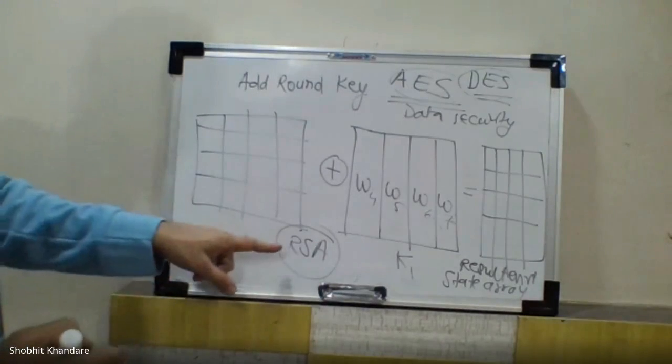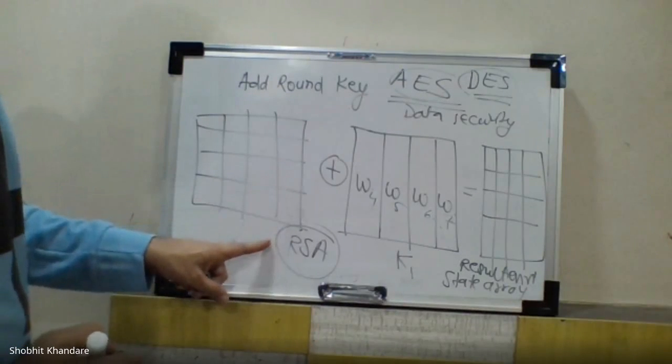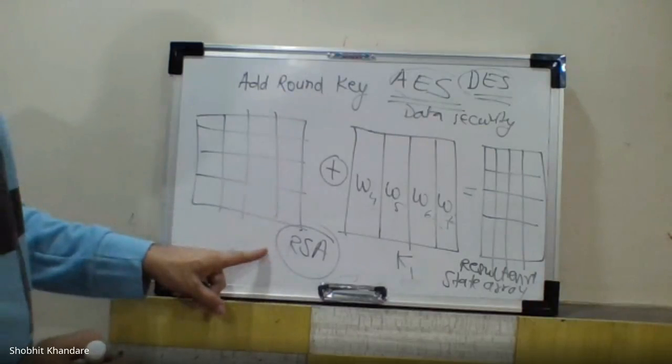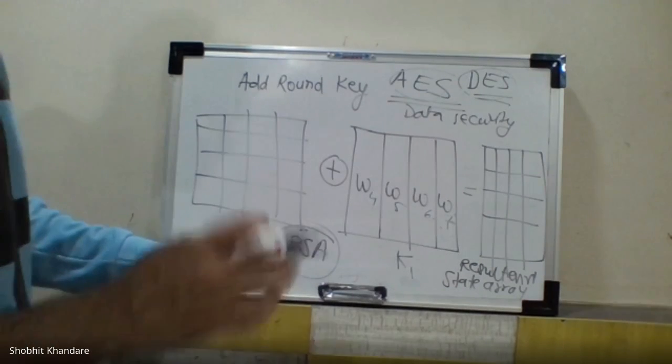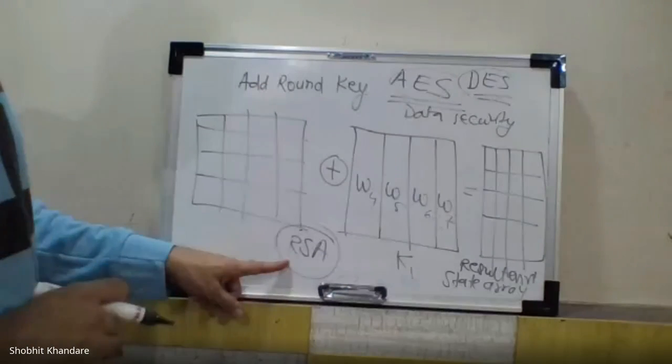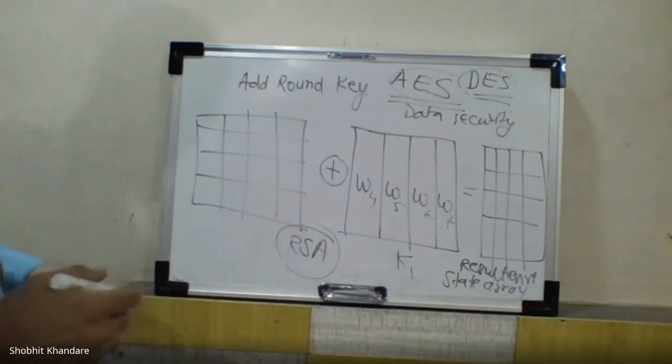So in the next lecture we'll start with the new topic, new module, with RSA, because this is the algorithm used for asymmetric encryption. Okay, we'll stop here.